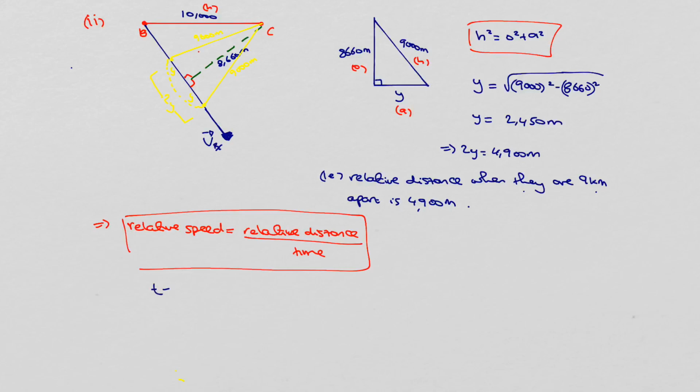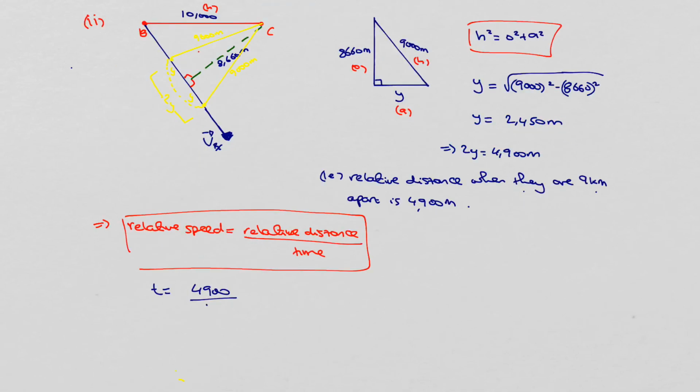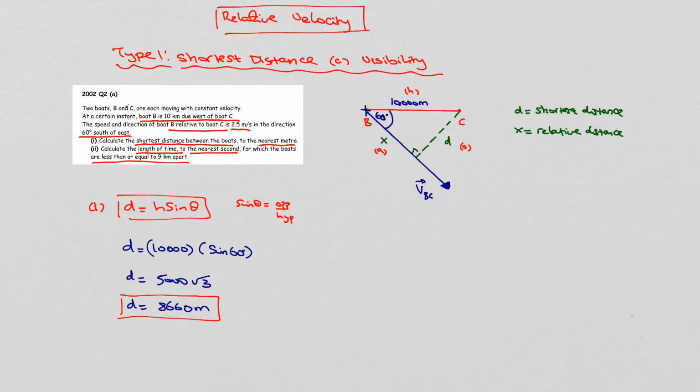So therefore the time will be 4,900 divided by, if we go back, what was our speed? It was 2.5 metres per second, and that's our magnitude because it's our relative velocity from B relative to C. So that's 4,900 divided by 2.5 metres per second, which gives me 1,960 seconds. And again, that's to the nearest second there.